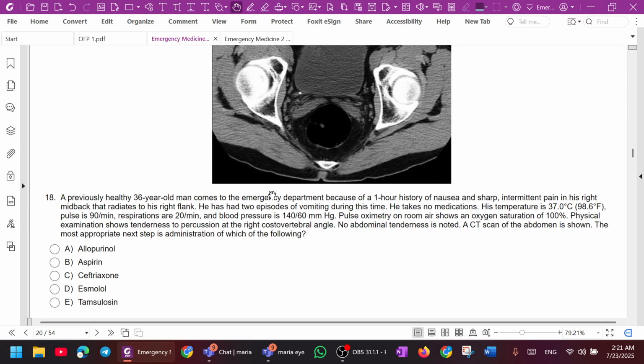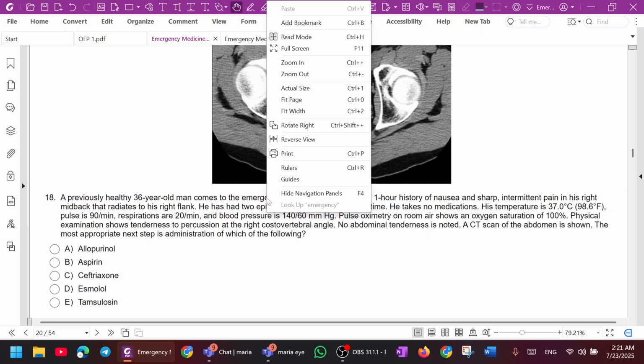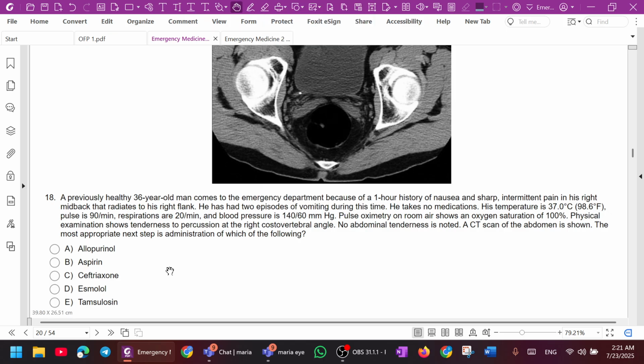What does he have? He doesn't have fever. He has pain in the back that radiates to the costovertebral angle. So, like a kidney stone.